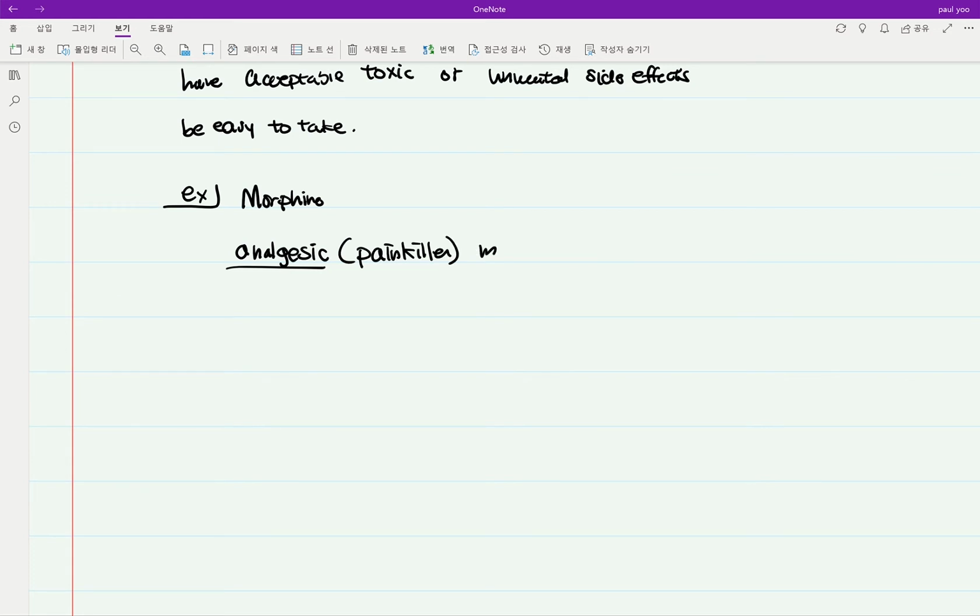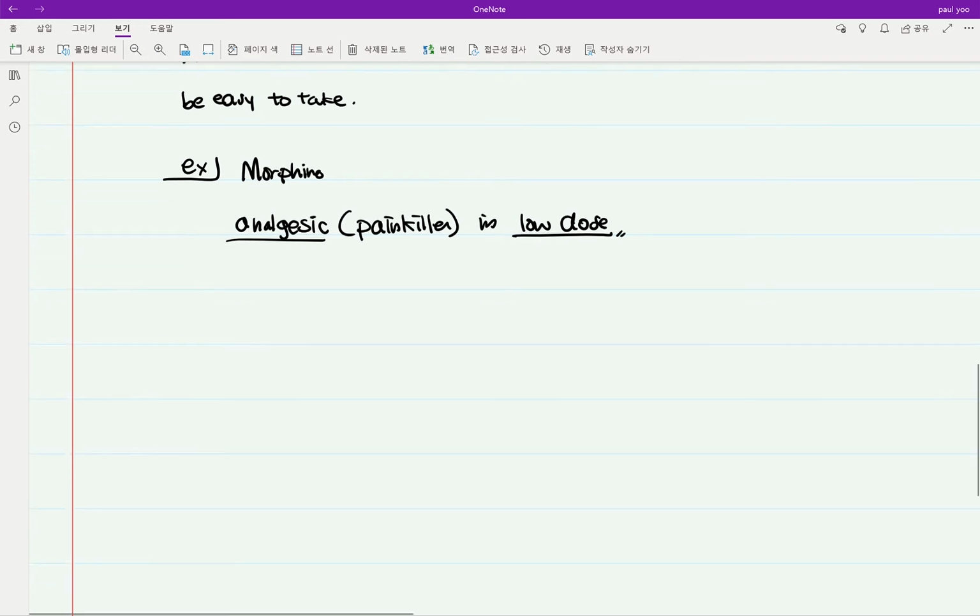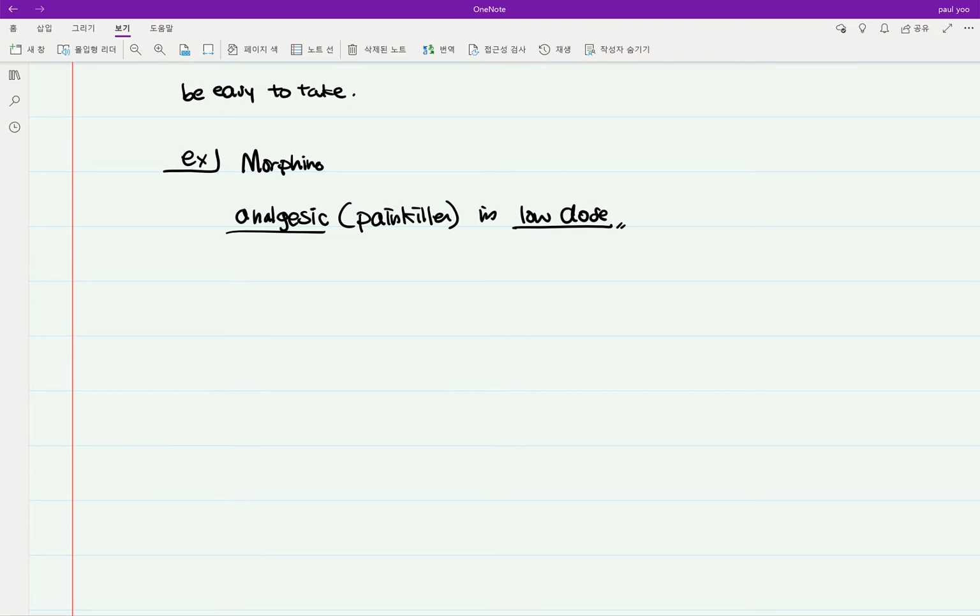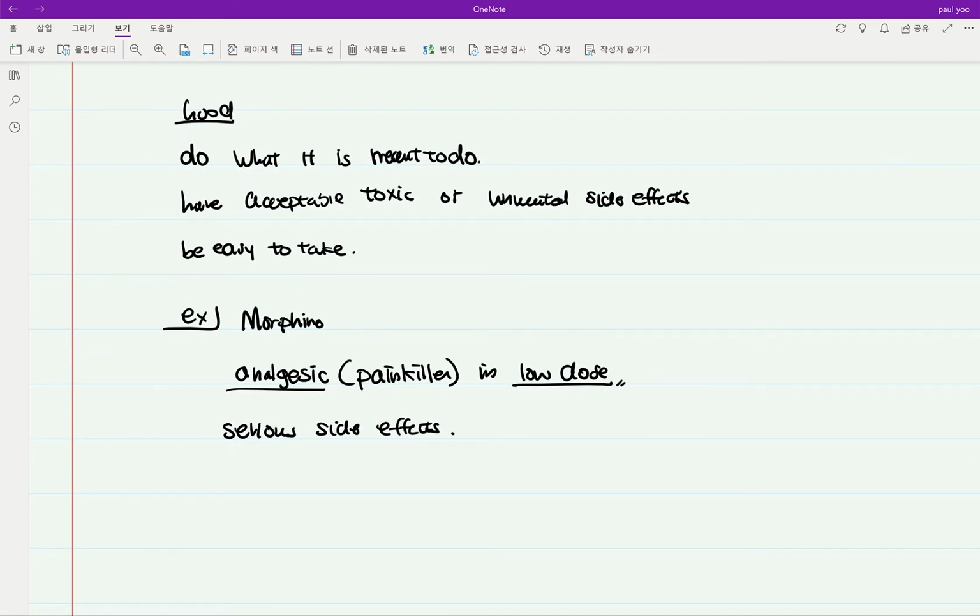But it has serious side effects, which violate the second criterion: it does not have unwanted side effects.